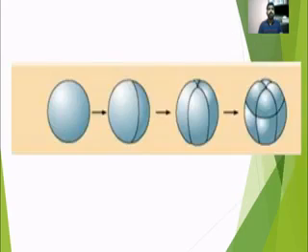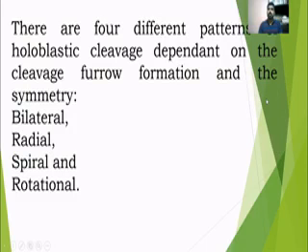Here we can observe the third division, just above the equator region. That's why, because here the yolk is present at this position, when you compare the size of the lower blastomeres, they are larger than the upper ones.